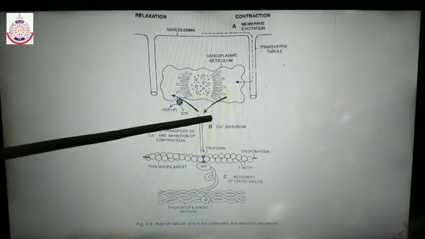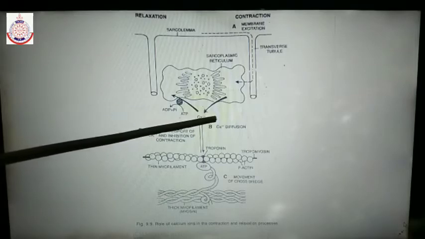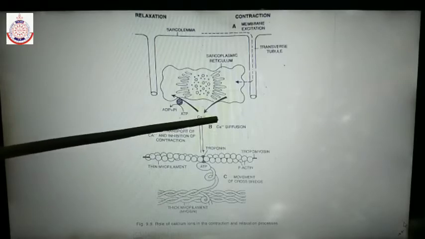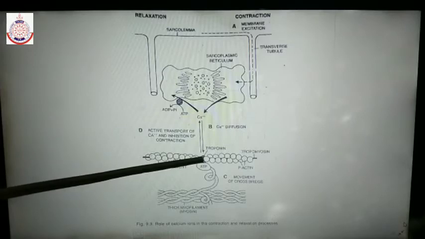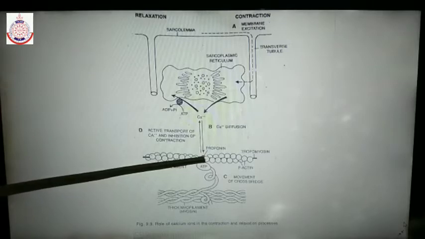Now, the increase in the calcium level in the sarcoplasm leads to the binding of calcium ions with the subunit troponin. Where is troponin present? Yes, troponin subunits are present on the actin filament or thin filament.